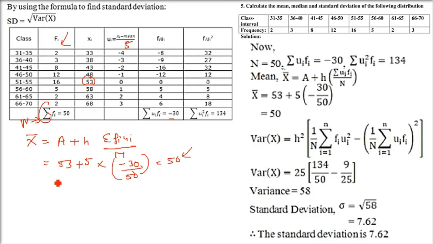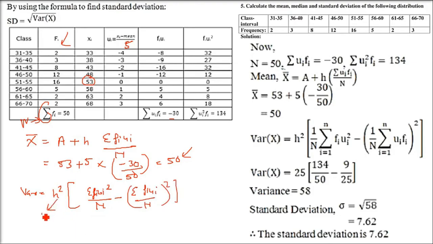So 50 is your mean. That's why you could have taken 48 or 53. It doesn't matter, because 50 is the closest one. Now the variance is h square times sigma fi ui whole square divided by n, minus sigma fi ui whole square by n.